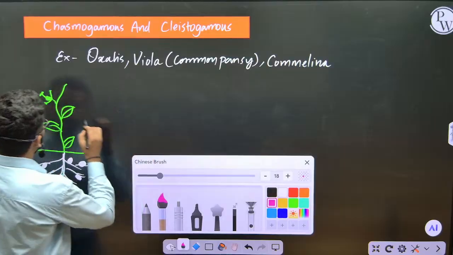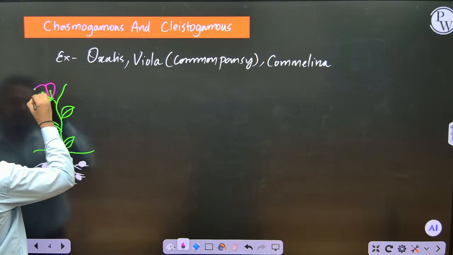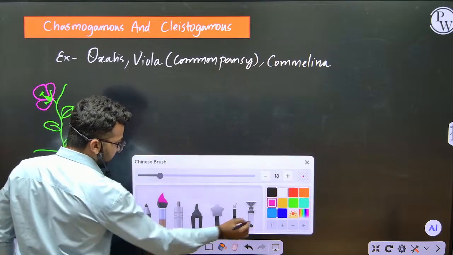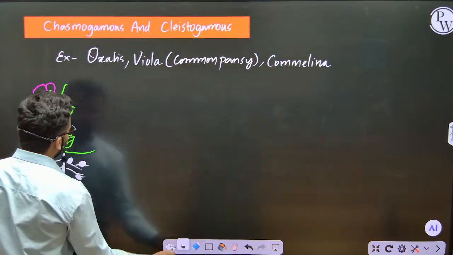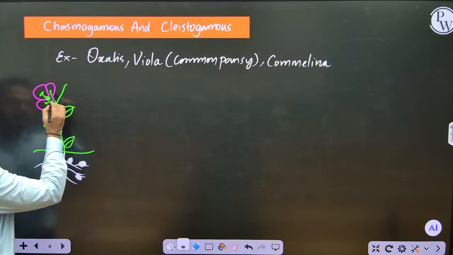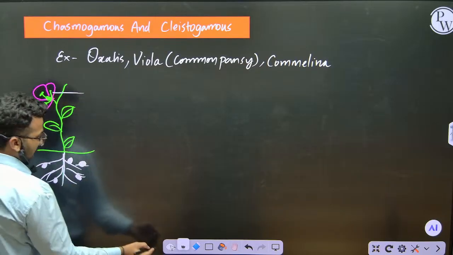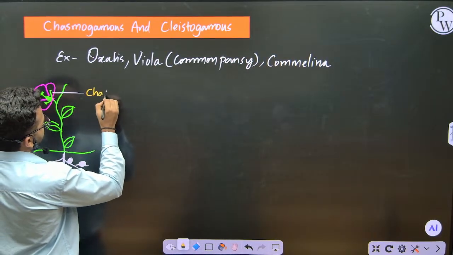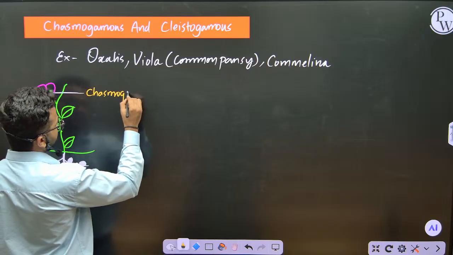Here, this normal flower, you can see in this plant, this is one type of flower. This is the normal flower that we call the Chasmogamous flower.